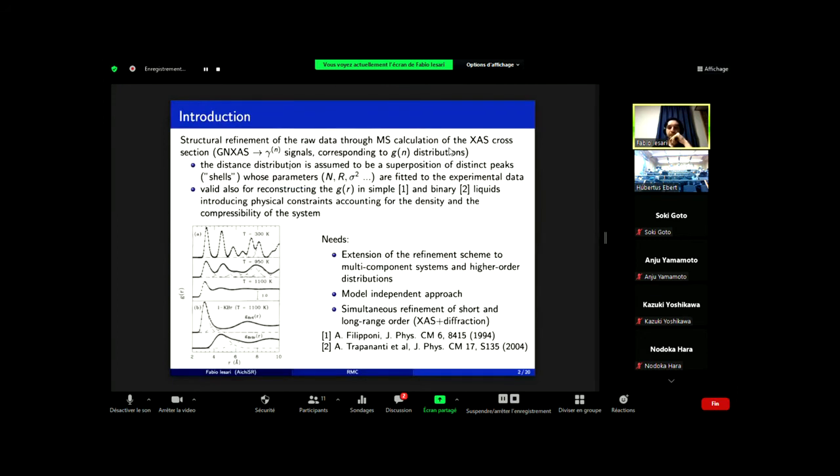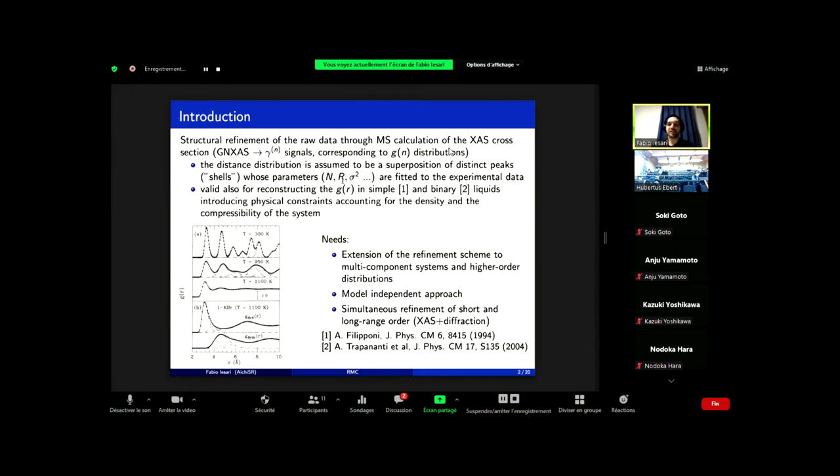As we explained before, usually what we do is describe the pair distribution function, which is this quantity, for a system using various peaks. This is called the peak fitting approach, where these peaks depend on some parameters, and we refine these parameters against the experimental data.